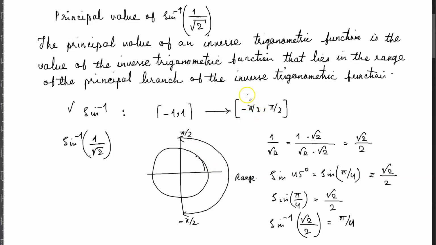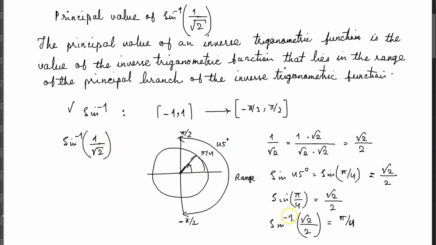I cannot show the domain here, but the range is between negative pi by 2 and pi by 2, including both of those values. Which means that pi by 4 is some angle right over here, which is the same thing as 45 degrees.